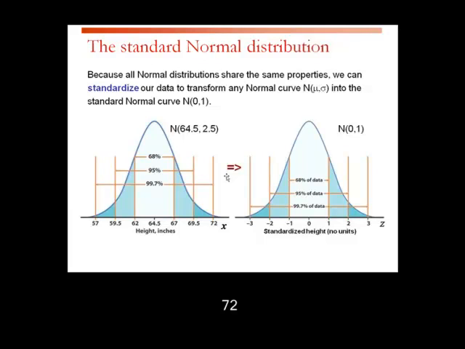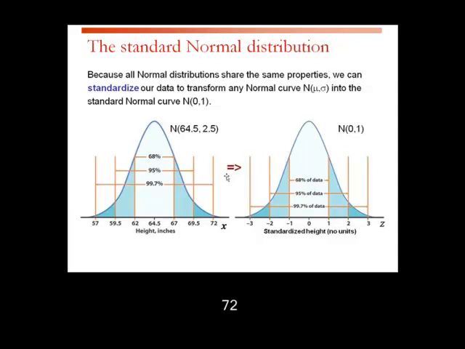The number 67 on the left hand side was how many standard deviations above the mean? 1. Everybody agree? Okay. Now take a look at the right hand side. What is the mean? 0. What's the standard deviation? 1. So if I do my conversion correctly, the number 67 should become what number there?